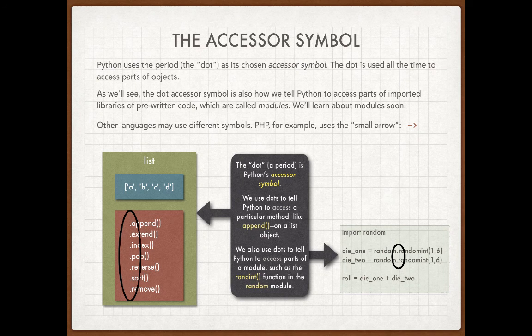You can start to see that Python is very, very consistent about its syntax. Once Python figures out how to say something, it says it very consistently. So if I'm looking inside an object for a method, or I'm looking inside a module for a function, or some data inside a module, I use the accessor symbol. It's very consistent. We'll start to see it all the time, all over the place.